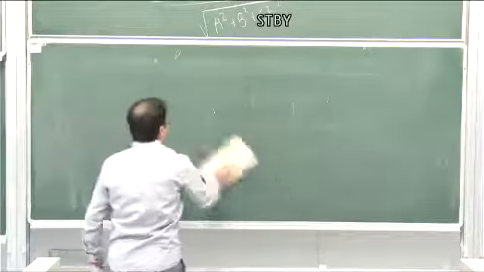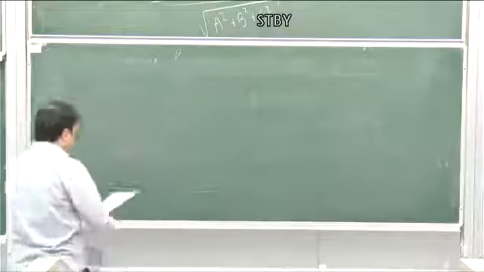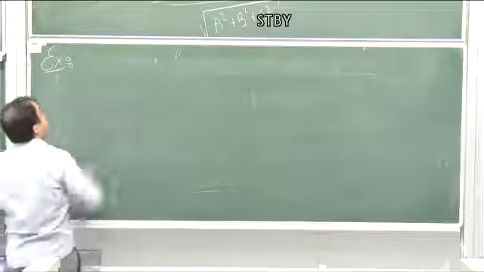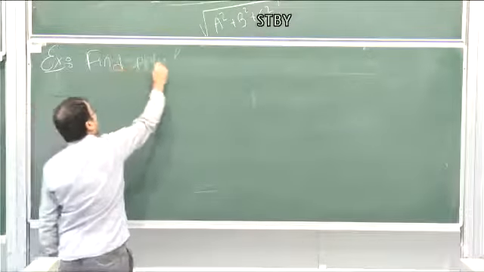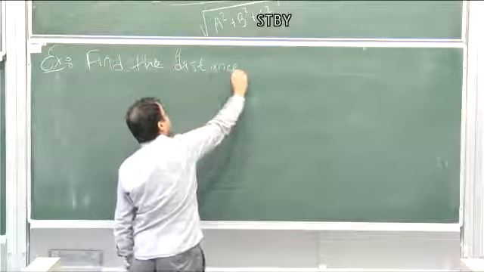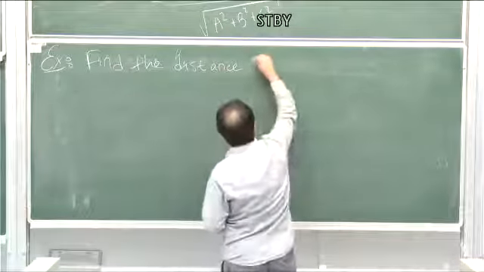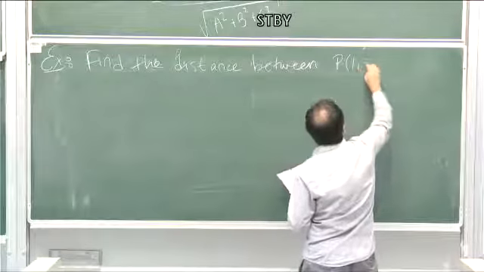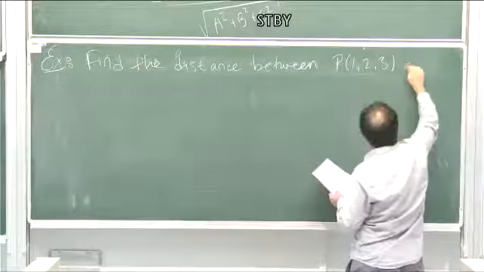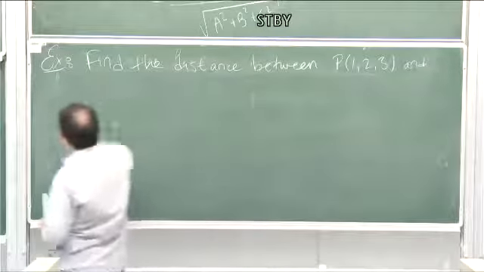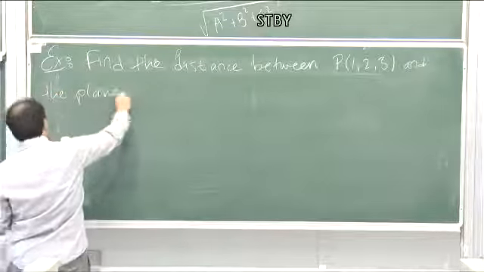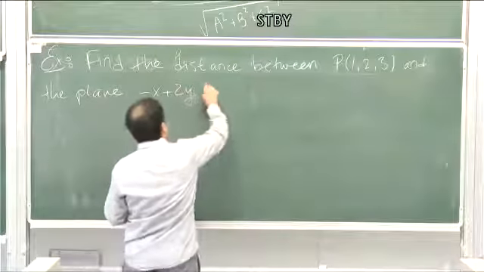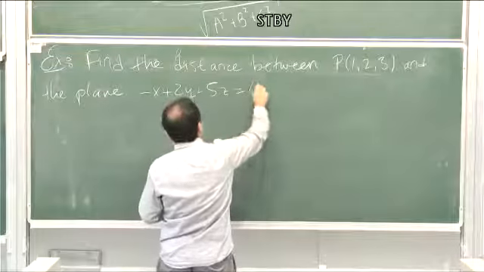Okay, let's see how to use it now on examples. Example: find the distance between this point P, whose components are 1, 2, 3, and the plane minus x plus 2y minus 5z equals 4.